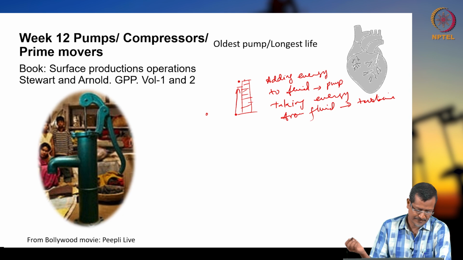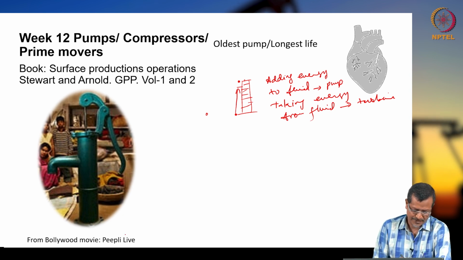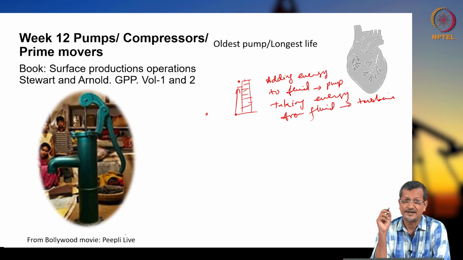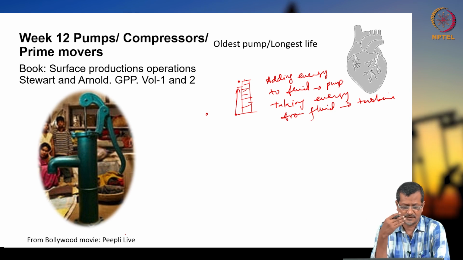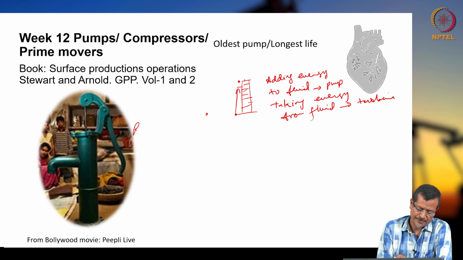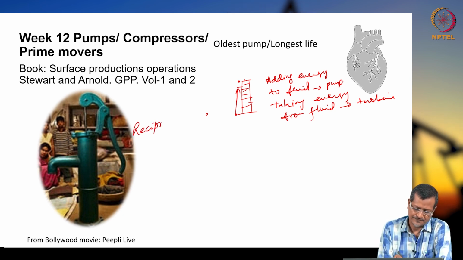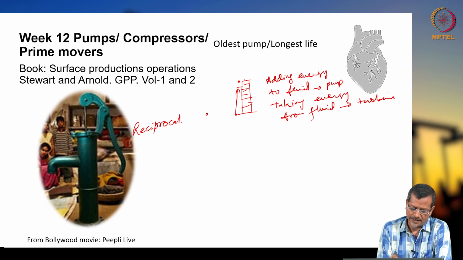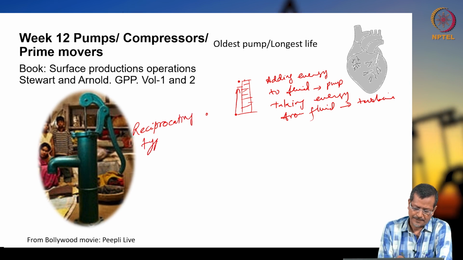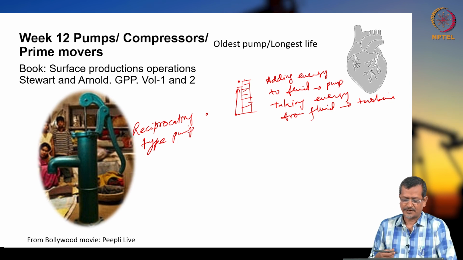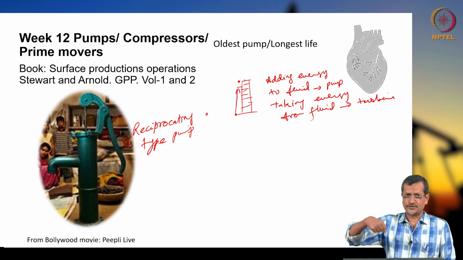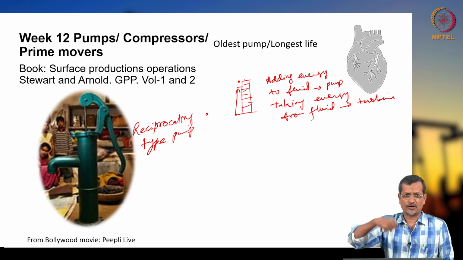Here is one picture I have taken from an Indian movie, Peepli Live. This is actually a reciprocating pump. In Indian households or rural areas, this hand pump is normally used. This is called a reciprocating type pump, and you operate it manually, so speed and flow rate are very low.